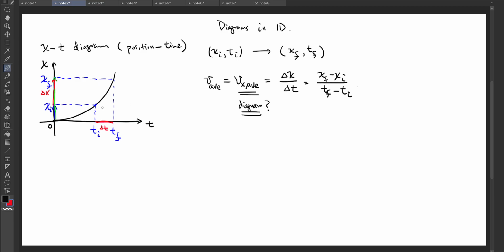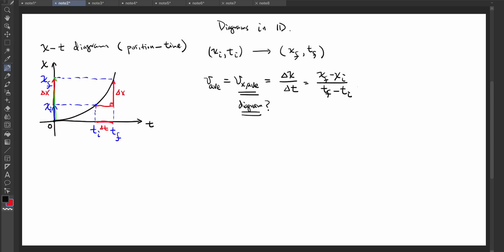Okay, so let's put them together and then see what we get. In order to put them together, I want to move them to this new location here, and that will still represent delta t, right? I just move it parallelly upward. And also move this delta x parallelly to the right side. Then I put it here, on this side. And they form a right triangle.